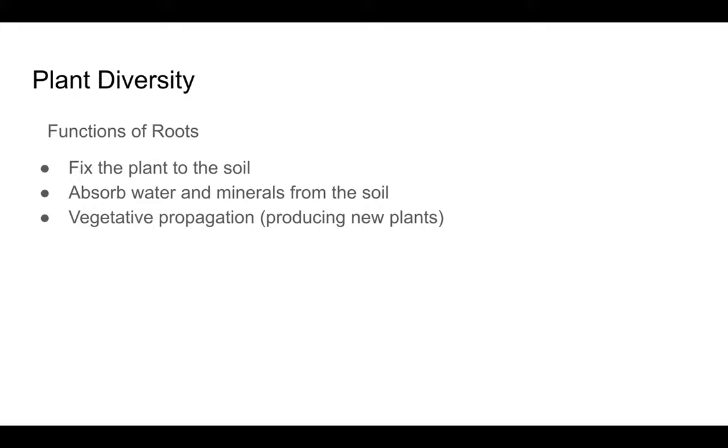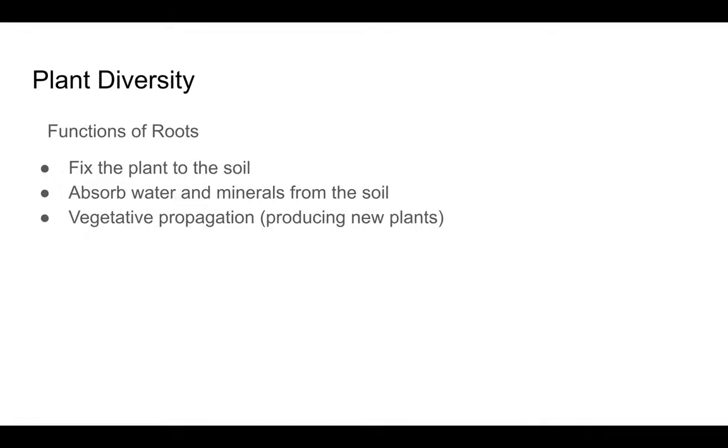Functions of a root. If the exam asks for the functions of a root, you have to write: fix the plant to the soil, and absorb water and minerals from the soil.